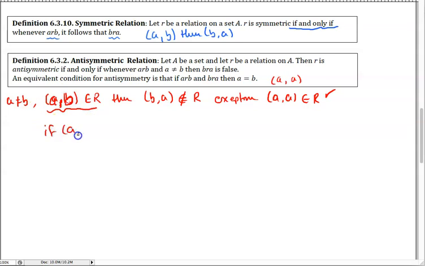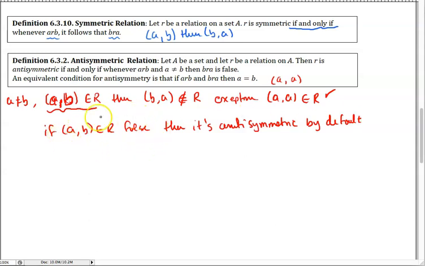If this condition right here is false, which means that you don't have any of these elements in there, then it is anti-symmetric by default.